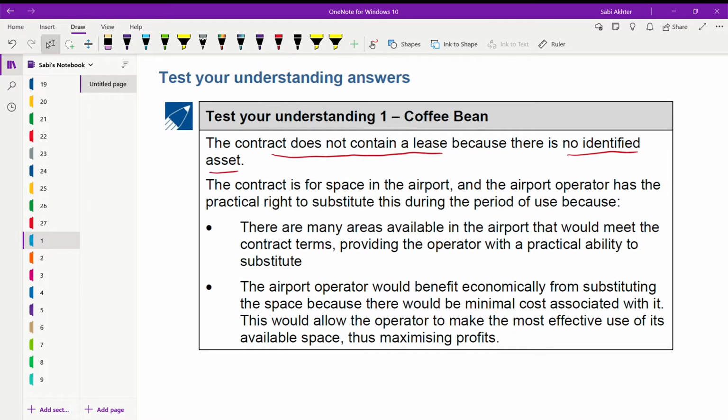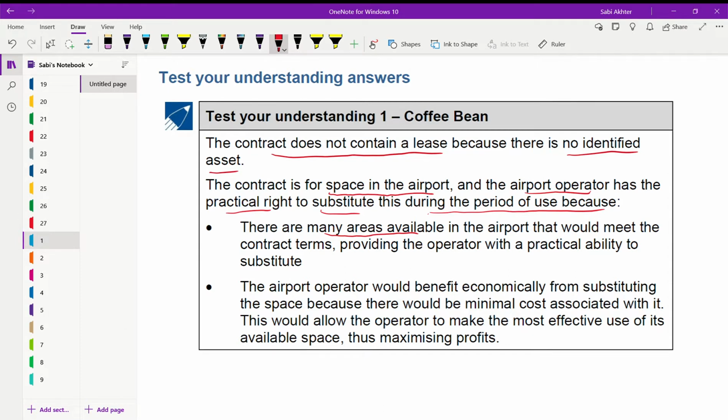The contract is for space in the airport. You see, it is just for getting space in the airport. And the airport operator has the practical right to substitute during this period of use. So the airport operator can change it, because there are many areas available in the airport that would meet the contract terms.